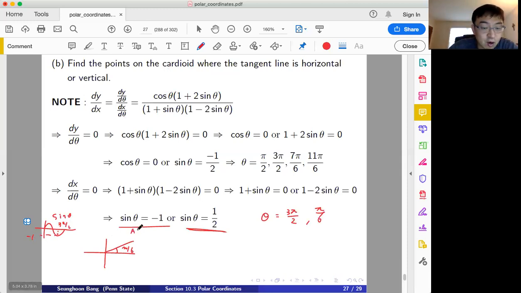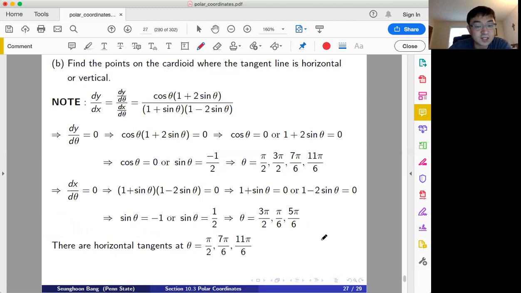You can use all students take calculus. Sine function is positive in the second quadrant, so you have to reflect about the y-axis. This original angle is pi over 6, so pi minus pi over 6 is 5 pi over 6. We have one more angle, 5 pi over 6.